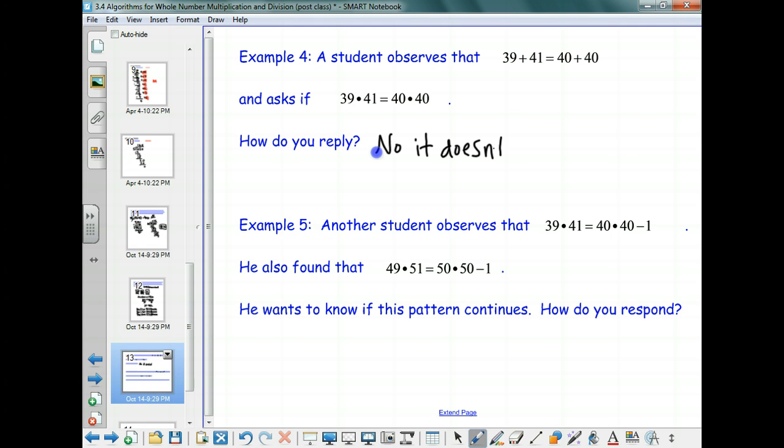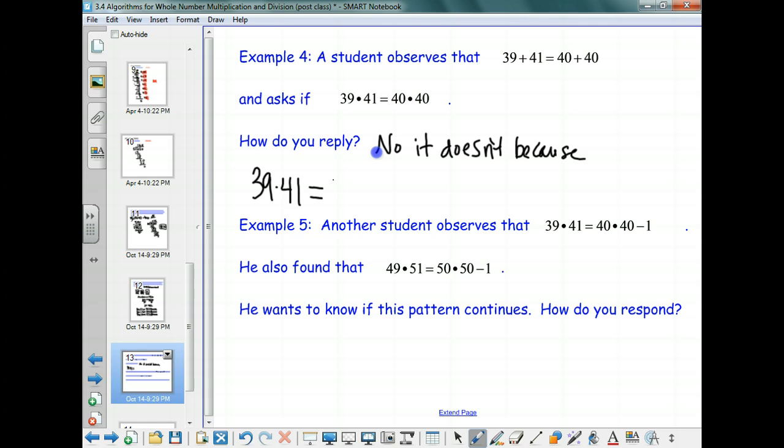And it doesn't, right? Because what is 39 times 41? Multiply, did you get some? 1599?